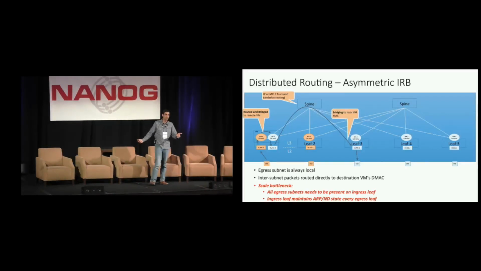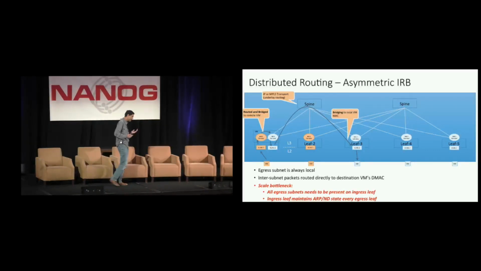So it is routed there and then forwarded, or IRB forwarded, via a MAC lookup towards the egress leaf. And then on the egress leaf, it is simply bridged based on the MAC lookup towards the destination VM because the packet is already encapsulated with the destination VM's MAC.